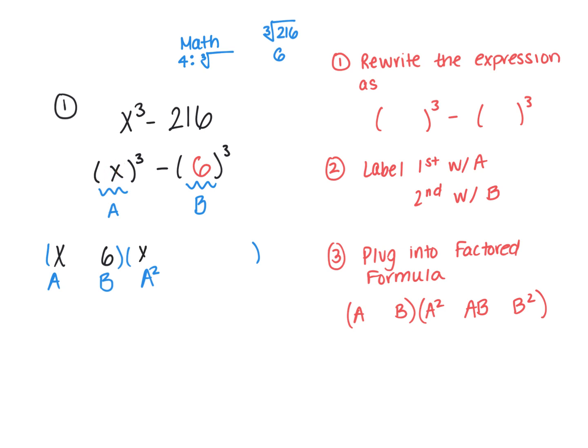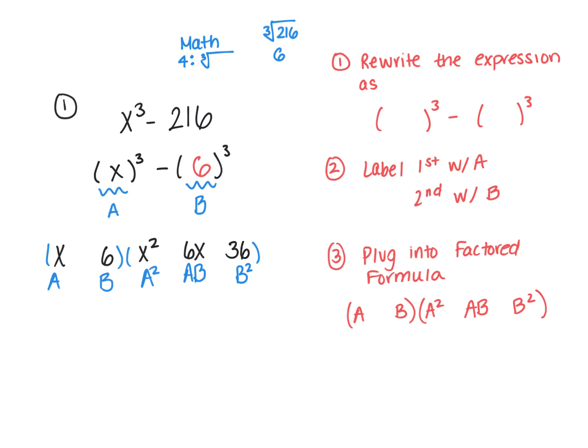So X squared is just X squared. Then next I have AB, which means A times B, which is 6 times X, which is 6X. You don't have to write it X6. It's probably more proper to put 6X. And then the last term is B squared. So B squared is just 6 squared, we know, is 36.